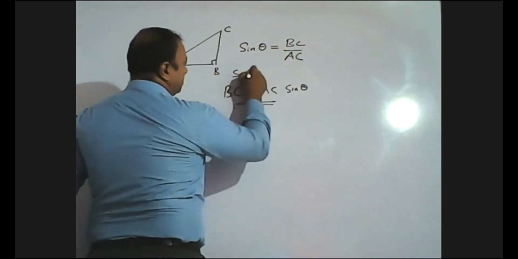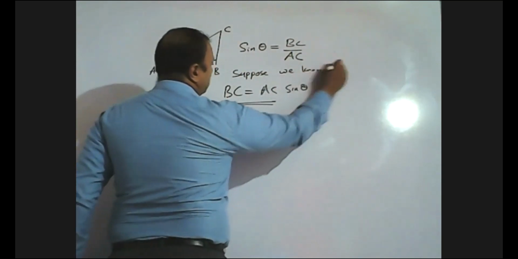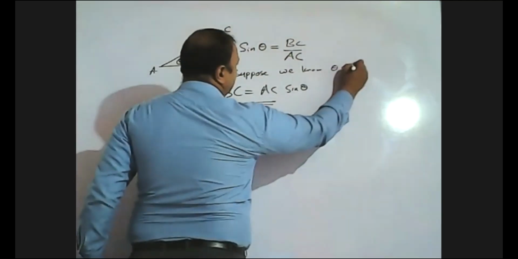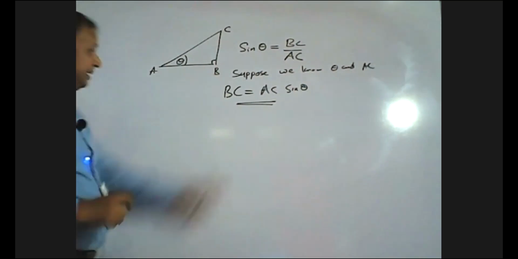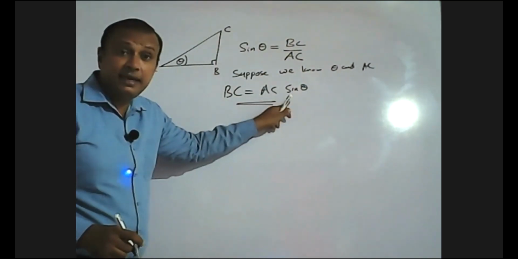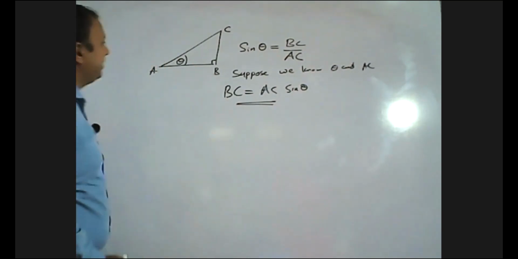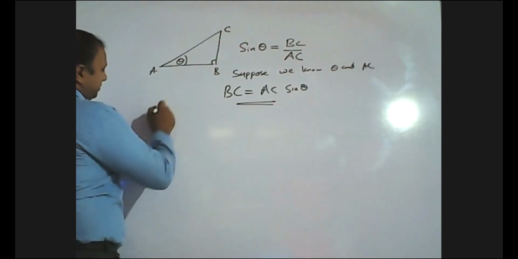If we know theta and AC, we can find BC. BC is equal to AC sine theta.